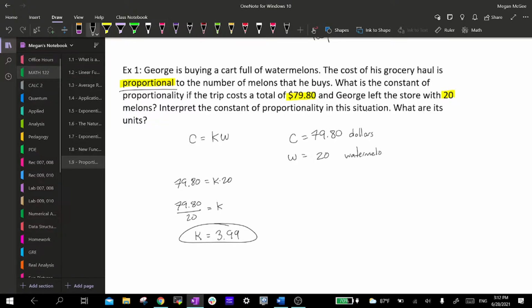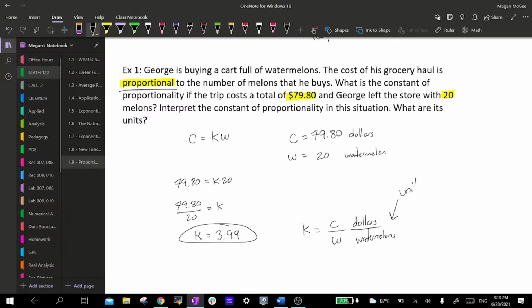That's our unit over here, is a watermelon. Okay, so we've got K is equal to cost divided by number of watermelons. So our units for K is going to be dollars per. Sometimes we read this division symbol, we read it as per watermelons.